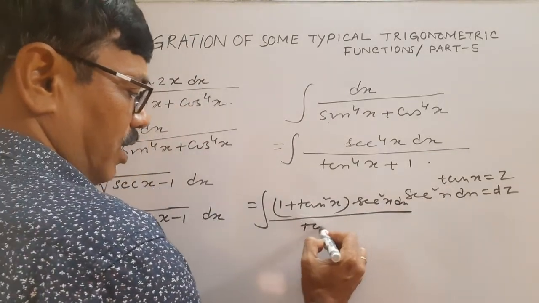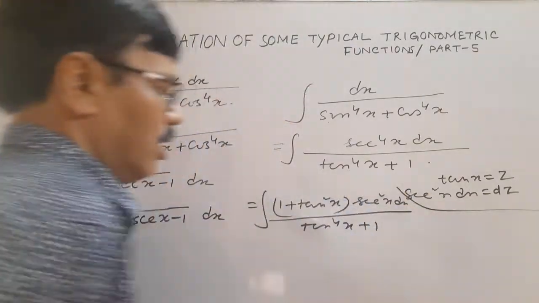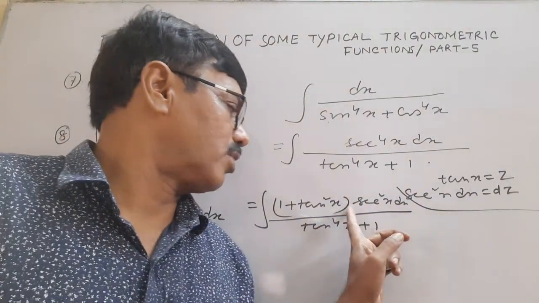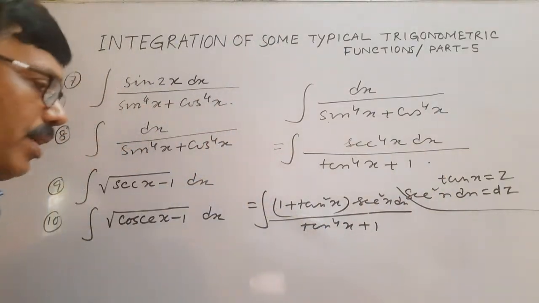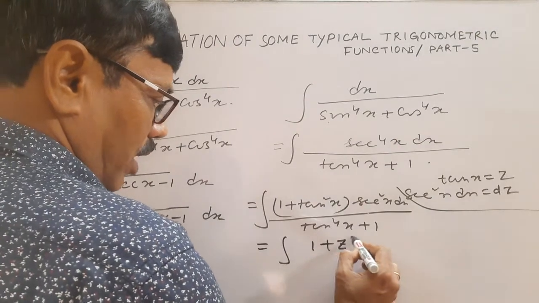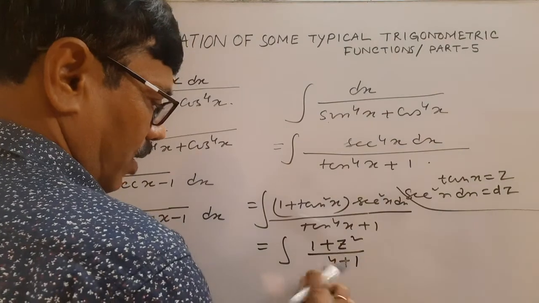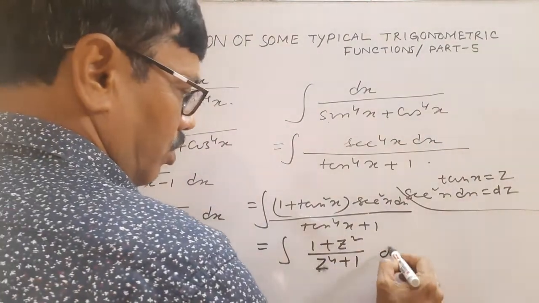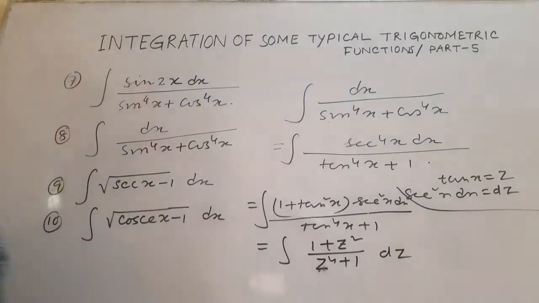And the denominator is of this form: tan to the power 4 plus 1. So the remaining is the same. So it is 1 plus z square by z to the power 4 plus 1 into dz.